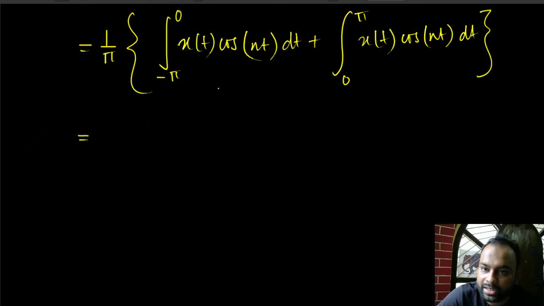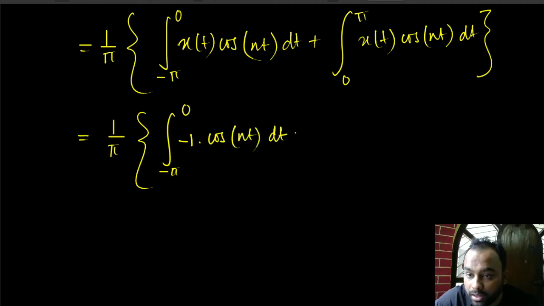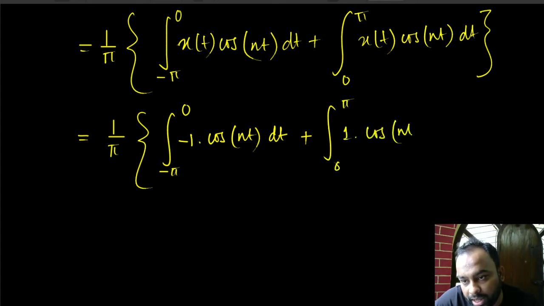So with that said, this integration is minus this, within those limits. And again, if you have any question, please interrupt me and ask. So minus the integral of cos nt dt, plus the integral from 0 to pi of 1 times cos nt dt.